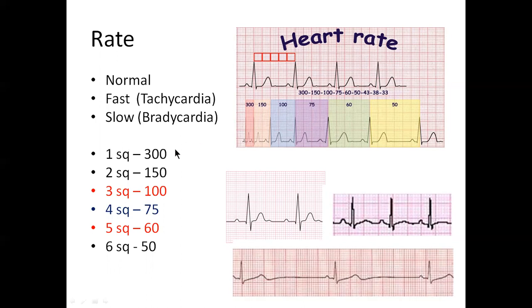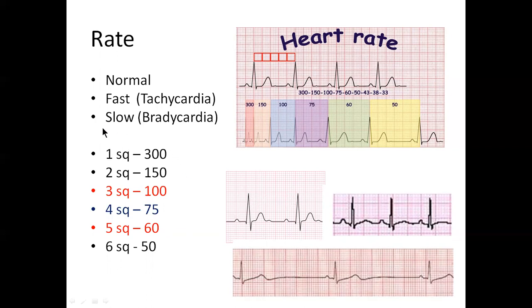Okay, and it's best to memorize this. So it's 300, 150, 100, 75, 60, 50. So what you do is you find the first QRS and you start saying to yourself 300, 150, 100, 75, 60. So the heart rate here is 60 beats per minute.